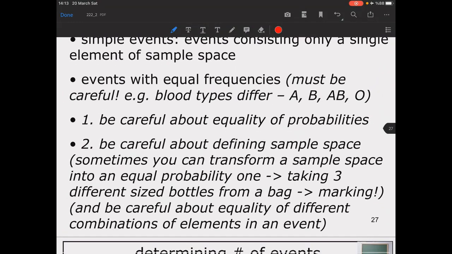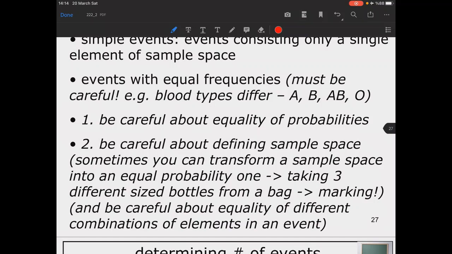So we should also be careful about the equality of probabilities, as we discussed, and we should be careful about defining the sample space as well. Now sometimes you can transform a sample space into an equal probability one if it is not like this in nature.